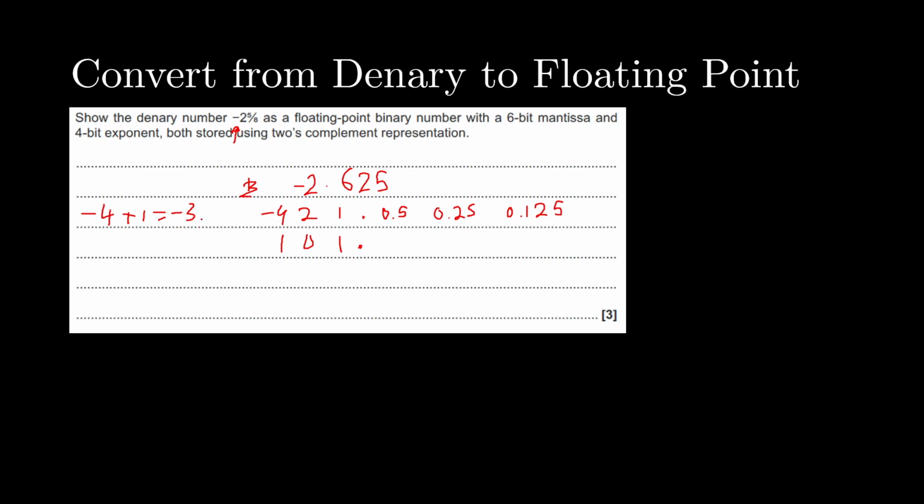And then to go from minus 3 to minus 2.625, well, we know if we add 0.5, then our number will be too large. So we need to add on a 0.25. Minus 3 plus 0.25 is going to be minus 2.75. And then we can notice that we can also add on 0.125 to get what we're looking for.